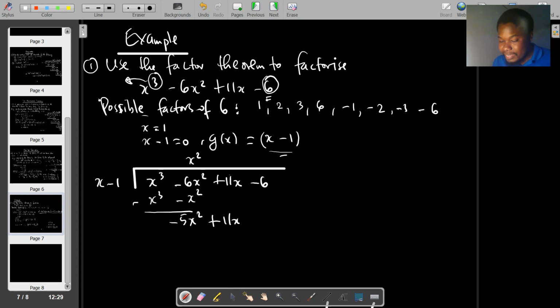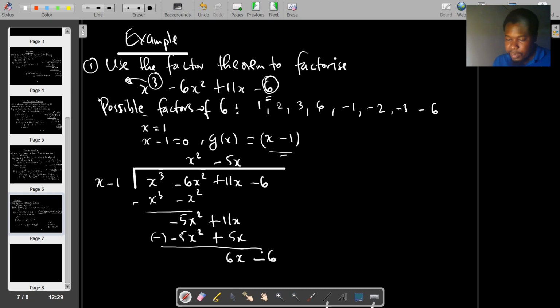X into negative 5x squared gives us minus 5x. Minus 5x times x is minus 5x squared. Minus 5x times negative 1 gives us positive 5x. So we subtract the two. What we end up getting there is 0. 11x minus 5x gives us 6x minus 6.